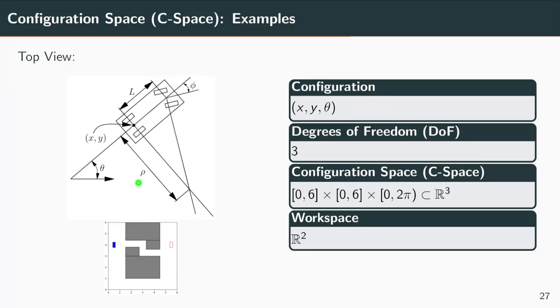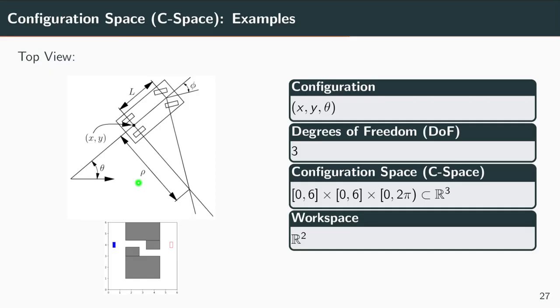And the controllable degrees of freedom I didn't really introduce here. So degrees of freedom, I would say, is 3 here. I think whoever said it was 4 is also correct, and that just depends on how exactly you define how the car can be controlled, which I haven't really talked about here.